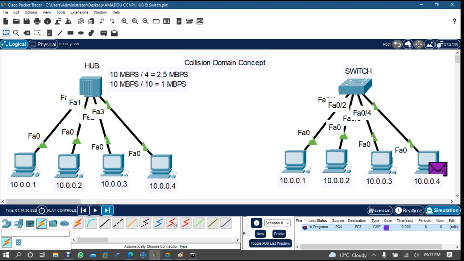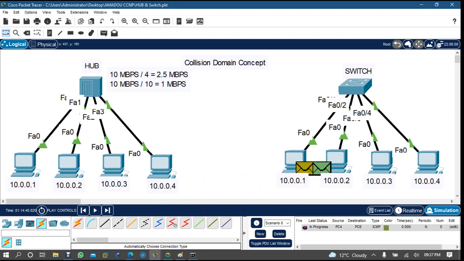Okay, and now let me show you one thing. If you are generating another packet from PC 3 to PC 1, now see, the ICMP packet is on hold and ARP has been generated. Why?